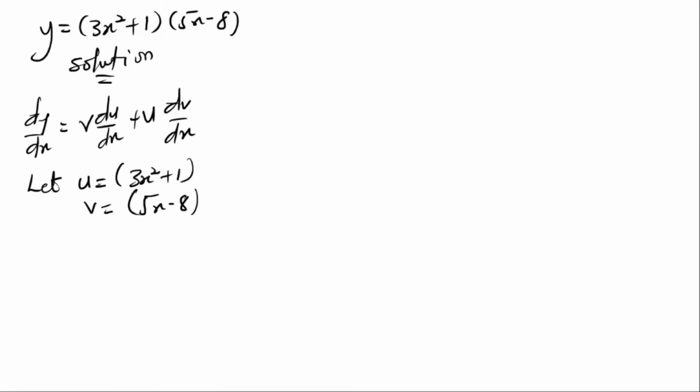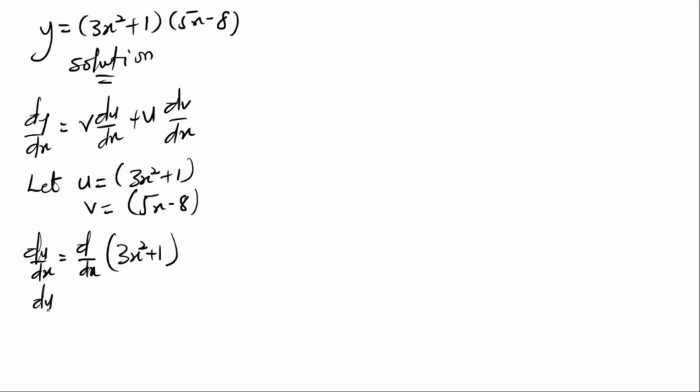So if we differentiate the first function, we are differentiating u with respect to x, so it becomes du over dx. So our du/dx becomes d/dx of the function 3x squared plus 1.